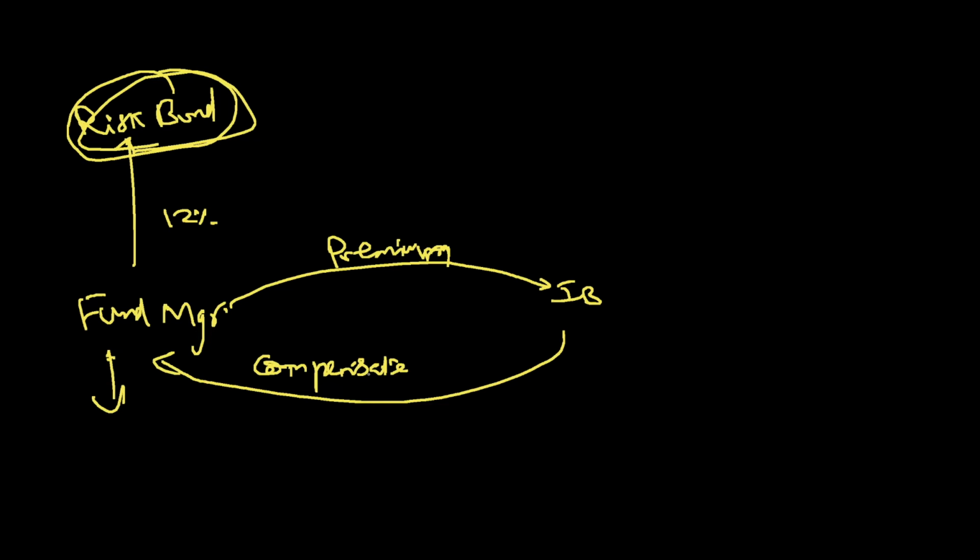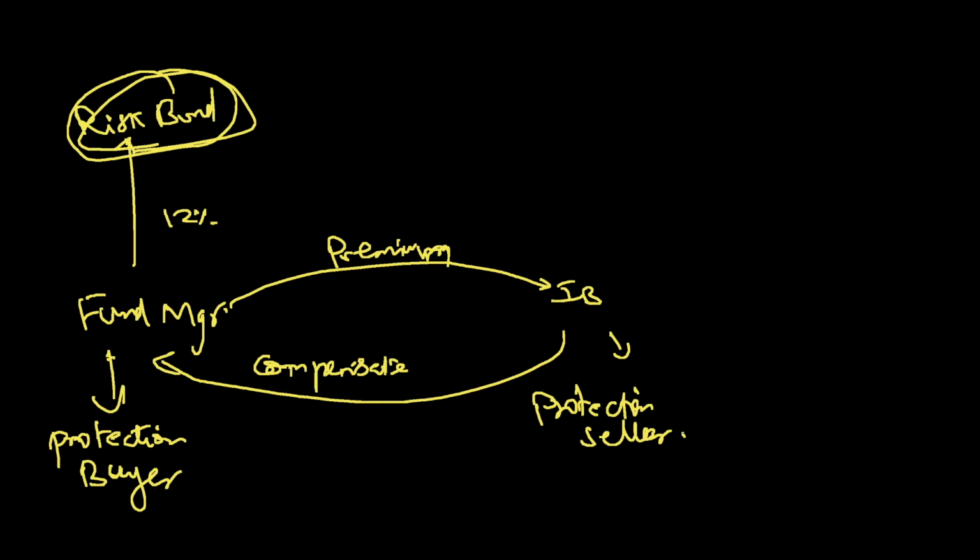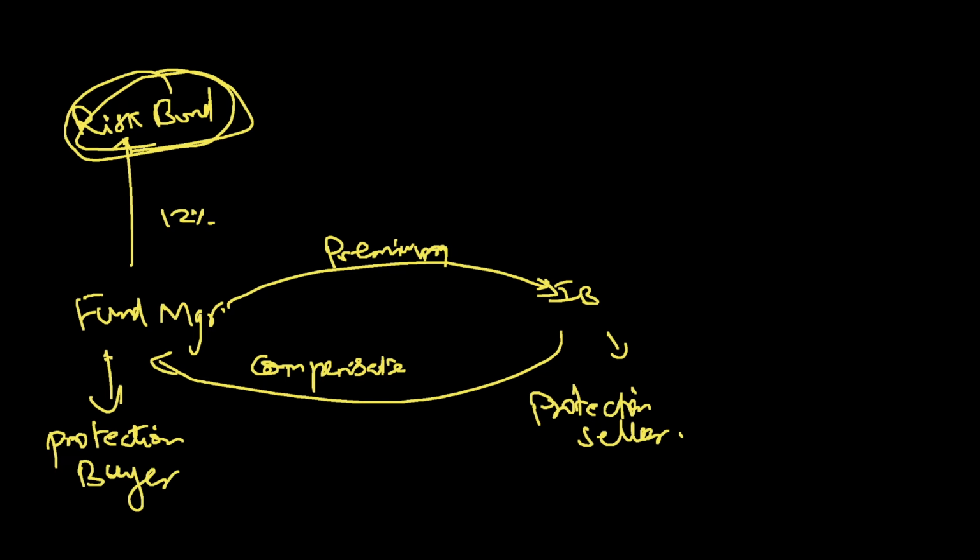Here the fund manager is called the protection buyer, because he is buying protection by paying premium. The investment bank is called the protection seller, because they take premium and give protection. So this is what a credit default swap is all about conceptually.